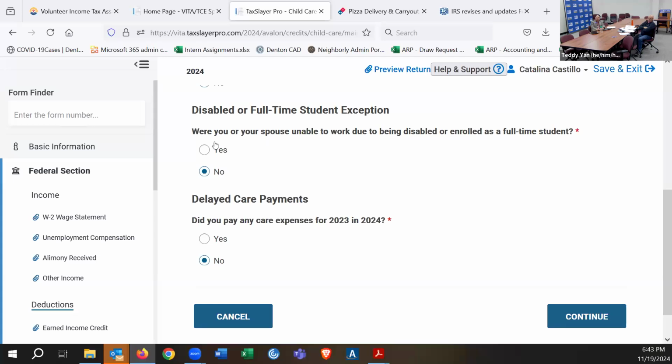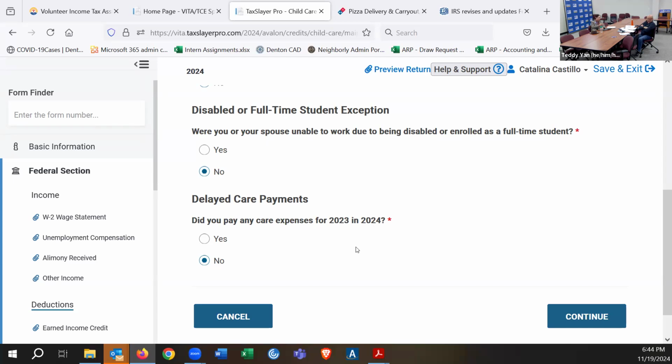There's not a disabled or full-time student exception going on here. I'll refrain from discussing this more because this is some technical detail that we never see at our sites. And then delayed care payments, did she pay any expenses for 2023 and 2024?